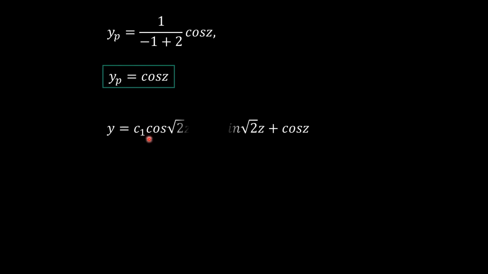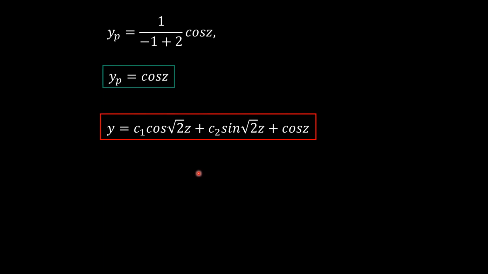Hence this is the general solution of the linear differential equation with constant coefficients, which is y equal to c1 cos of root 2 z plus c2 sin of root 2 z plus cos z. But we want to find the solution for Legendre's linear equation, for which we will replace this z by log of 1 plus 2x.